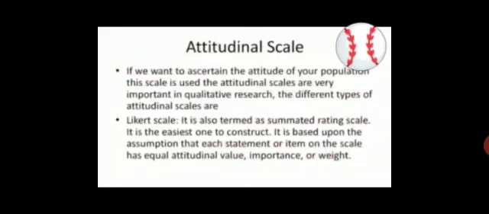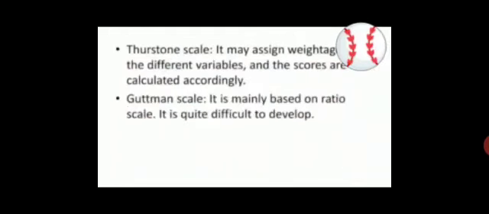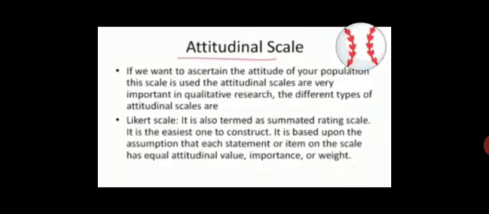And the next scales which are used in qualitative type of data are called the attitudinal scales. Attitudinal scales are used to deal with the qualitative data. As the name shows, it is more relevant to a person's attitude.